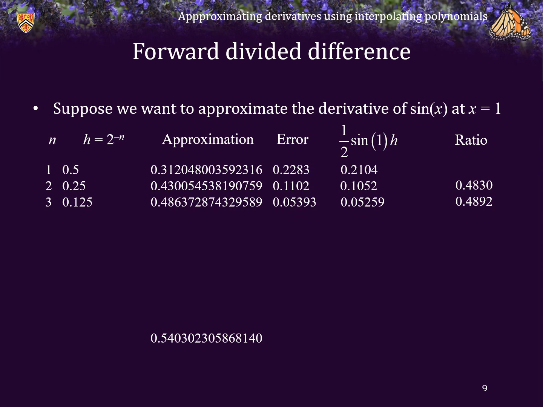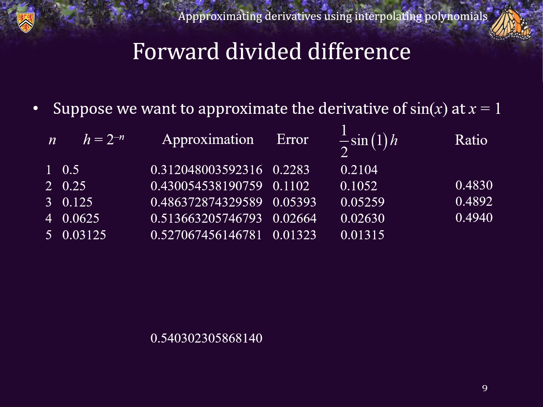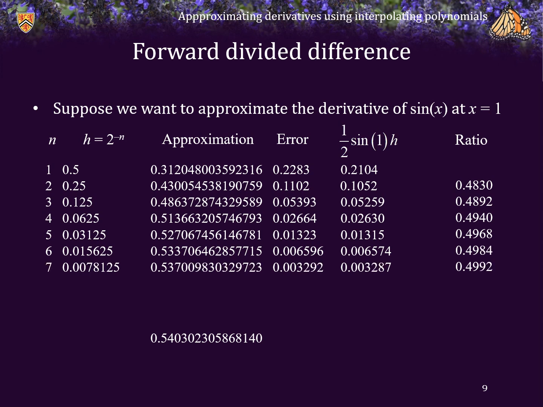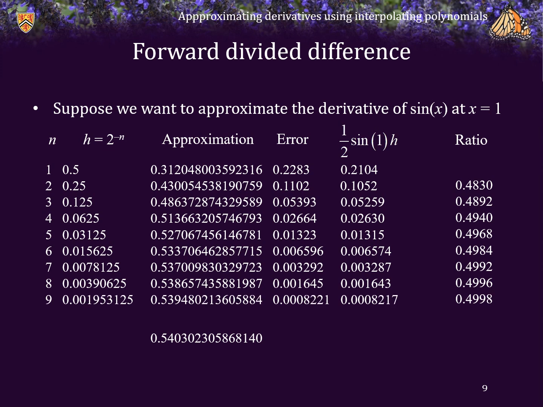So now it's even closer to being half the error. With the next one, once again, a better approximation, and again, the error has dropped by even closer to a factor of 2. A better approximation, and the error is again dropped by half. We carry on and note that with each step, the error is dropped by a factor of 2.